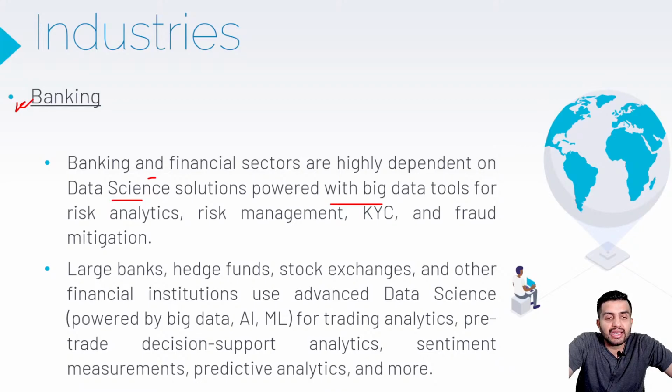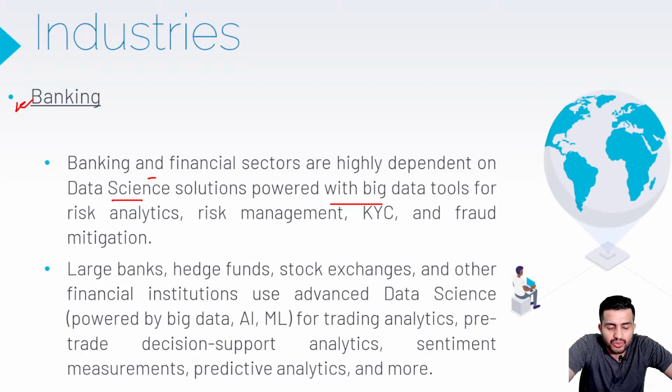But in transactional level information where we have every second transactions happening, it's very much data heavy. So here, the data science solution is pretty much handled by big data tools. And the problem statements include risk analysis, risk management, KYCs, fraud mitigation, and many such problem statements.